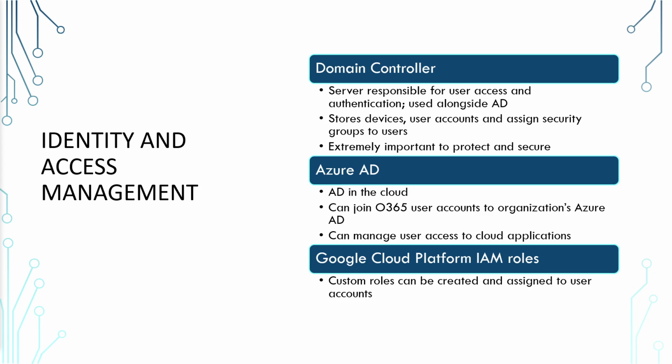Moving on to the cloud version of identity and access management, I was thinking of Azure AD. Azure AD is hosted by Microsoft, and essentially it is Active Directory in the cloud. You can set up your user accounts, and you can join your Office 365 accounts to your organization's Azure AD.